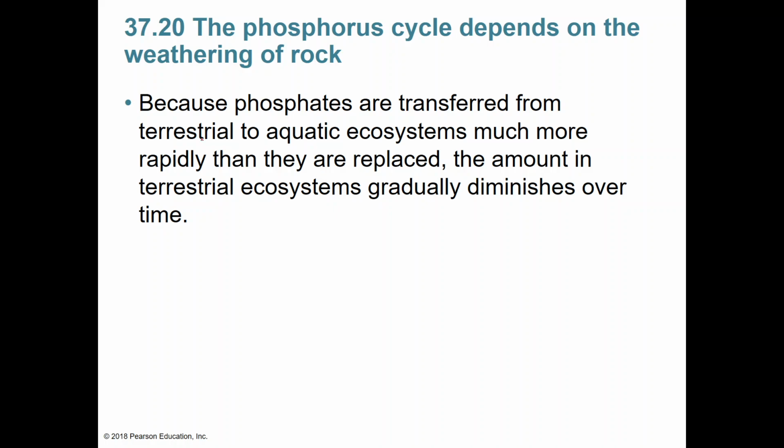In terrestrial ecosystems, this doesn't happen very quickly, because rocks do not dissolve very quickly. So phosphorus can become a real limiting factor. It can become something that is diminished over time and limits what kind of growth can occur in an ecosystem.